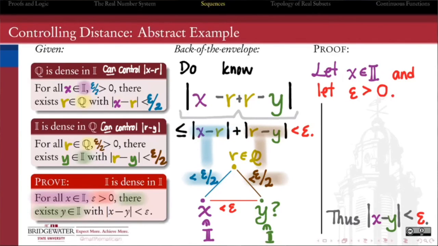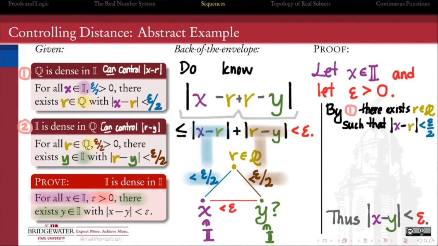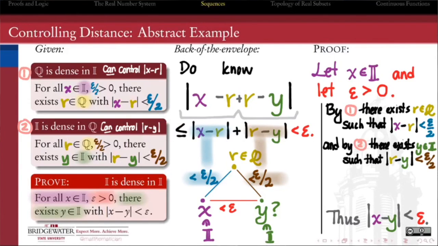So now let's write the proof from the beginning to the end. We start by choosing an arbitrary irrational number x and an arbitrary distance epsilon that's greater than 0. Then, what do we want to do? We'll use the first density theorem here to guarantee the existence of a rational number r, which is an epsilon over 2 distance away from x. We'll use the second density theorem to guarantee the existence of an irrational number y within an epsilon over 2 reach of r.